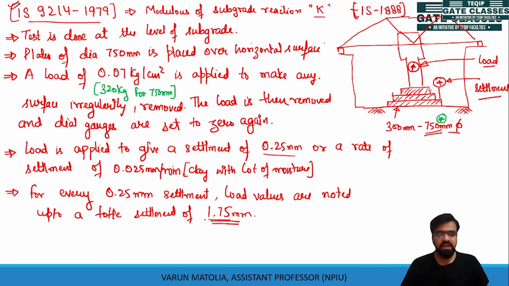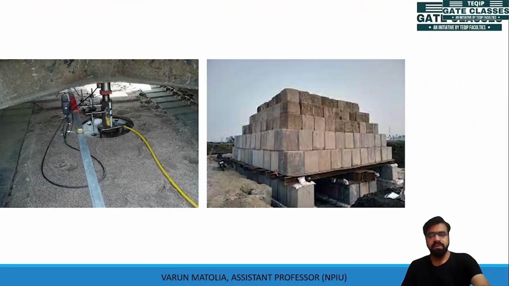So the total settlement is 1.75 mm and the load for each 0.25 mm is noted. Then a graph is made.